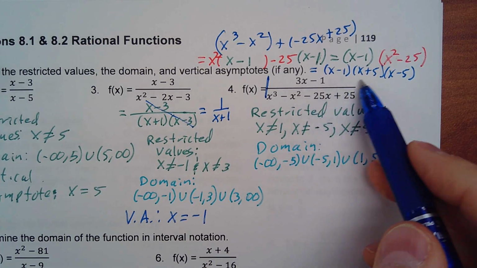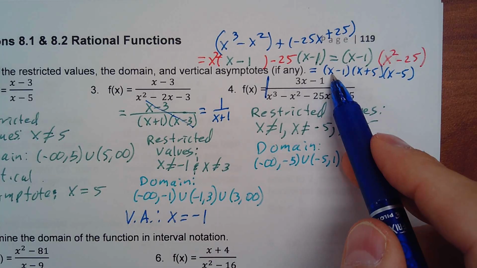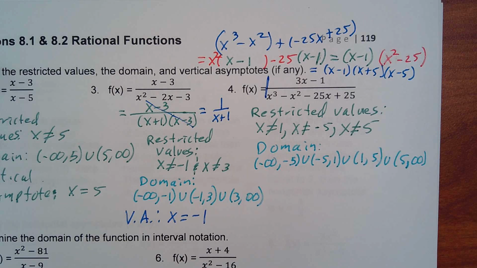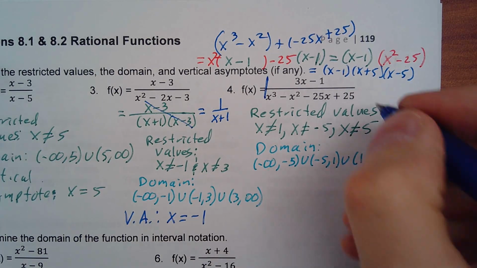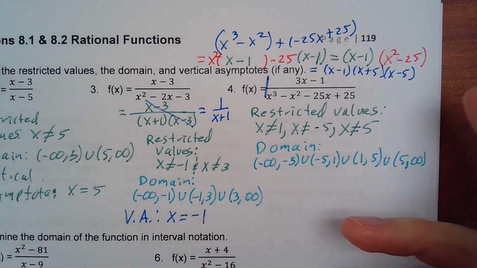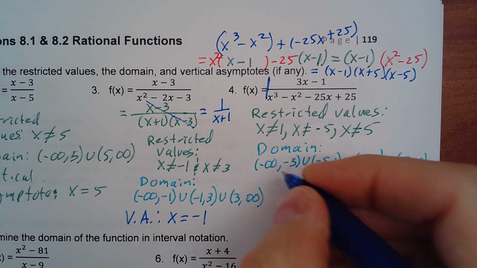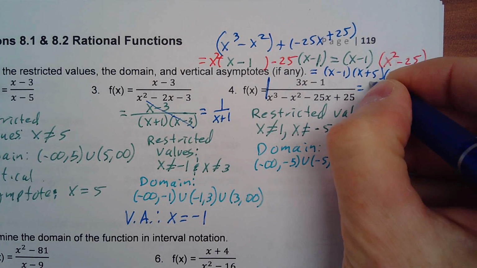Now, when this is factored here, none of these factors are in common with that 3x minus 1, so they're not going to be able to reduce here. So we're just going to leave that in factored form. I guess I should have written it up here.